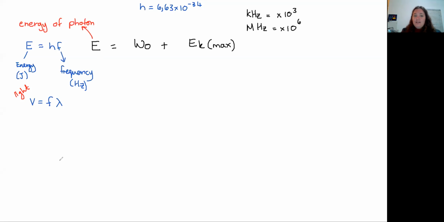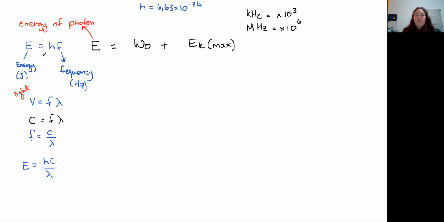But some people will get really technical here and say, well, v isn't v, it's c if you're dealing with light, but same. And what if we don't give you the frequency? What if we instead give you the wavelength? Well, since frequency is equal to the speed of light over wavelength, I can rearrange this and say that the energy of a photon is going to be hc over lambda.